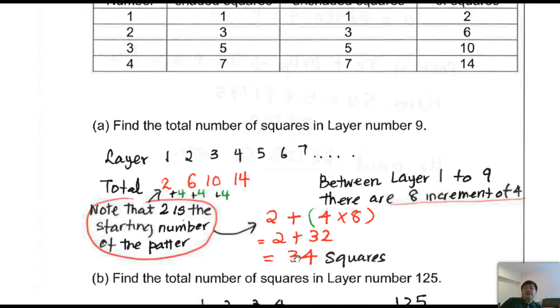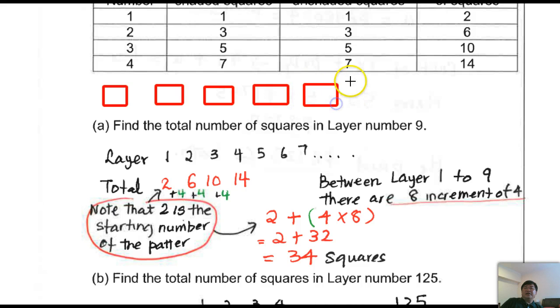I'll show you in another format. Now what it means is this. This is the first number in the pattern. This is 2 over here. The next one, to get 6 you add 4, and so on. 3, 4 layers, 5 layers, 6, 7, 8, 9.